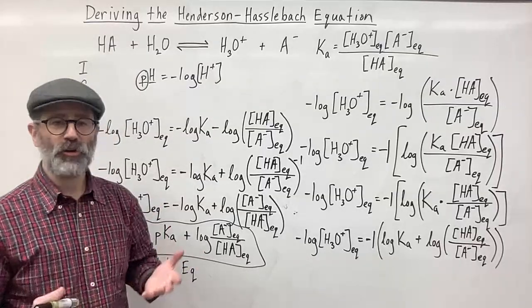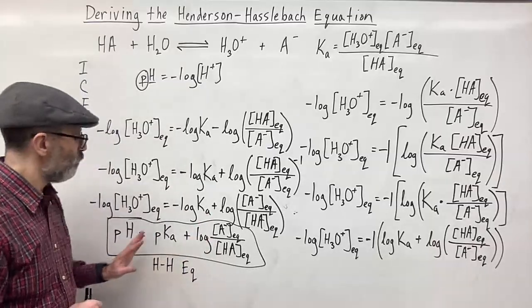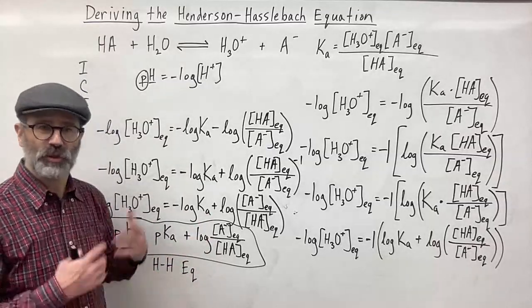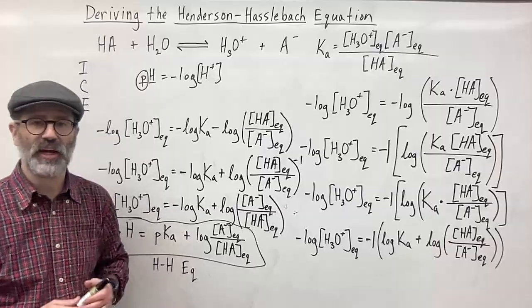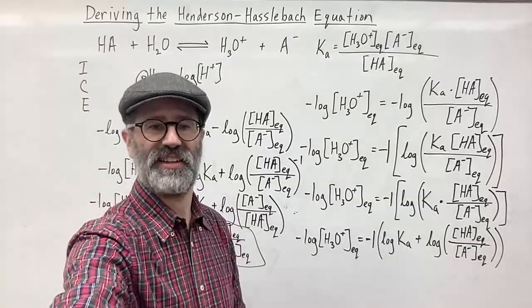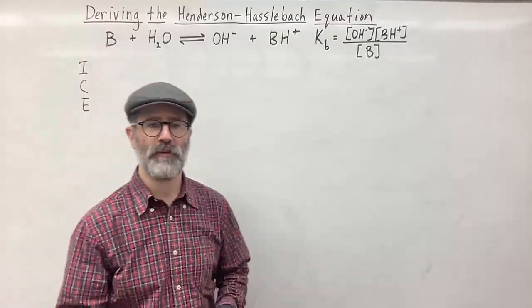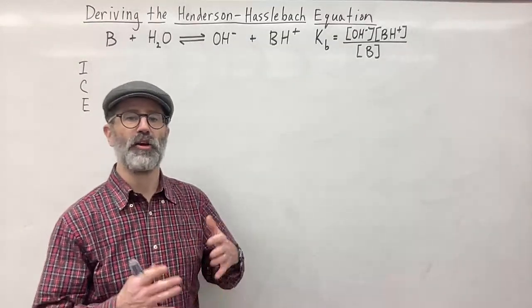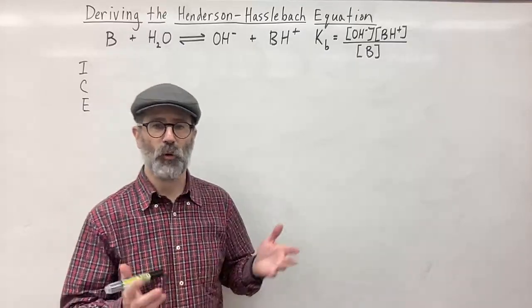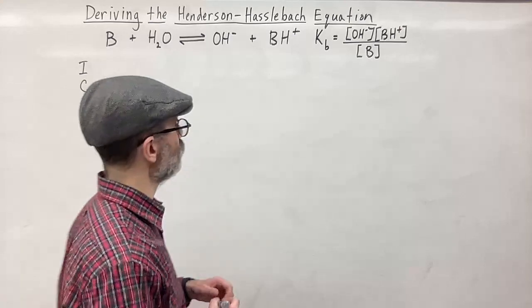Now, you could also derive the pOH equation, which is basically the same thing. So let me show you how to do that. Okay, so let's go over the derivation of the other alternative equation related to the Henderson-Hasselbalch equation.